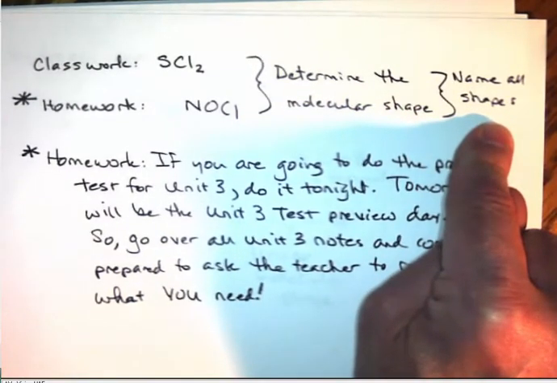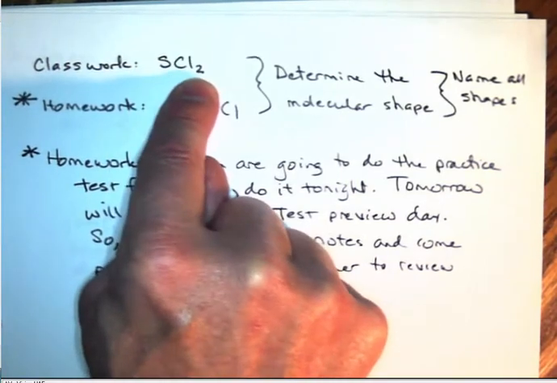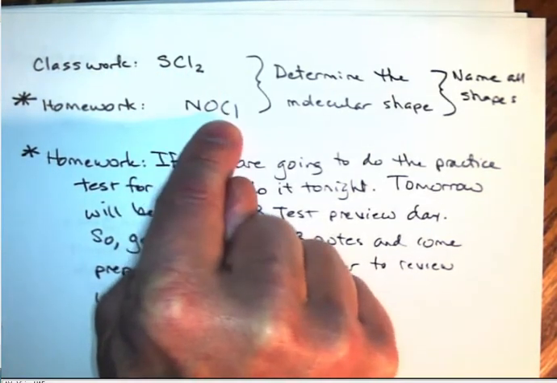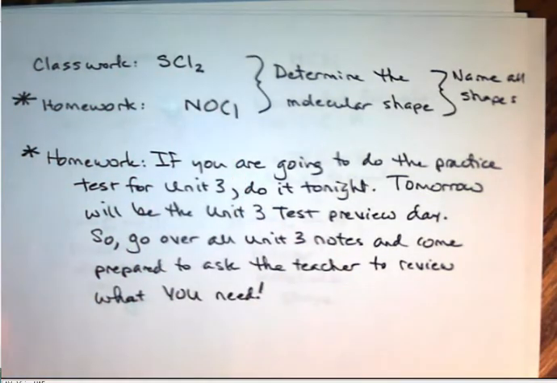So we're doing SCl2 in class now, then you're doing this one as homework, and then we reach the end pretty much of everything we're going to need to cover in this unit. So tomorrow then becomes our test preview day when we review everything in this unit, and then the test will be the day after that. So the day after tomorrow is the test for unit 3. Okay, so work on this right now.